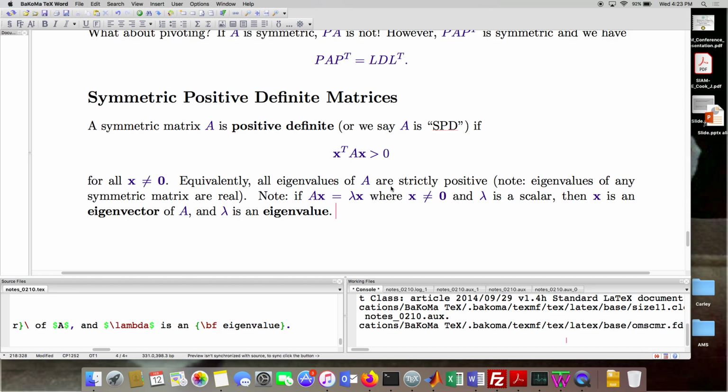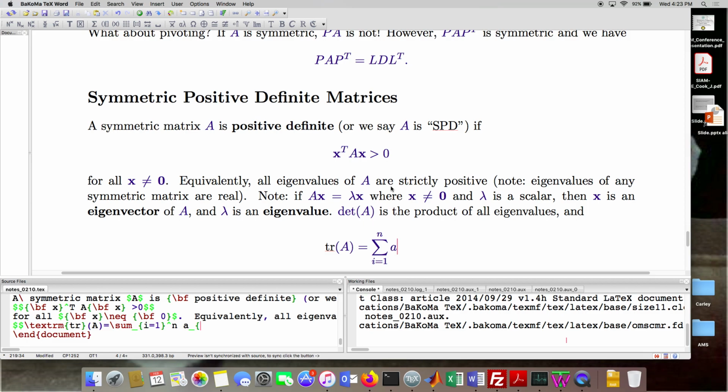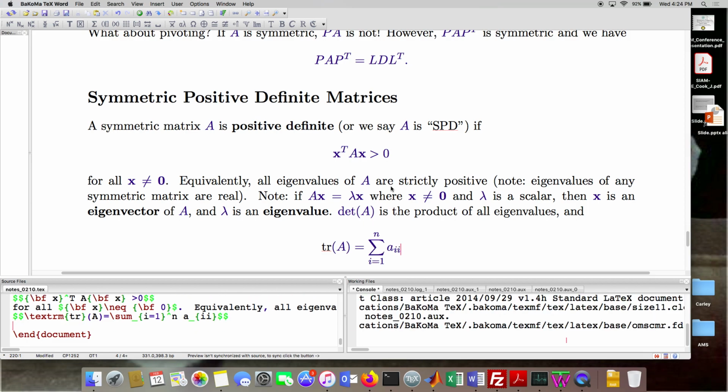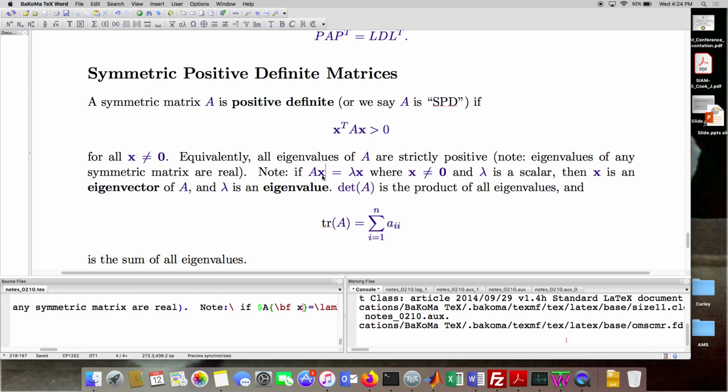So a couple quick things about eigenvalues. The determinant of A is the product of all eigenvalues, and the trace of A, which is defined to be the sum of all the diagonal entries of a matrix, so very easy to compute, is the sum of all eigenvalues. Eigenvalues are nice because what we have over here, A times x, is matrix vector multiplication, which is a relatively tedious operation.